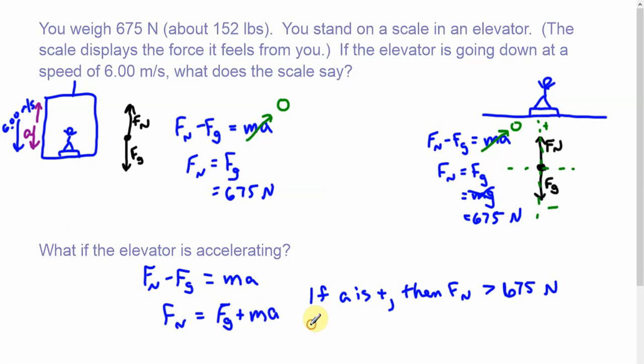Now, a could also be negative. And then this will be actually sort of taking away from your weight. So the scale will show a number less than 675 newtons, or less than 152 pounds. That will be if the acceleration is downward. So if you're getting faster as you go downward, right?